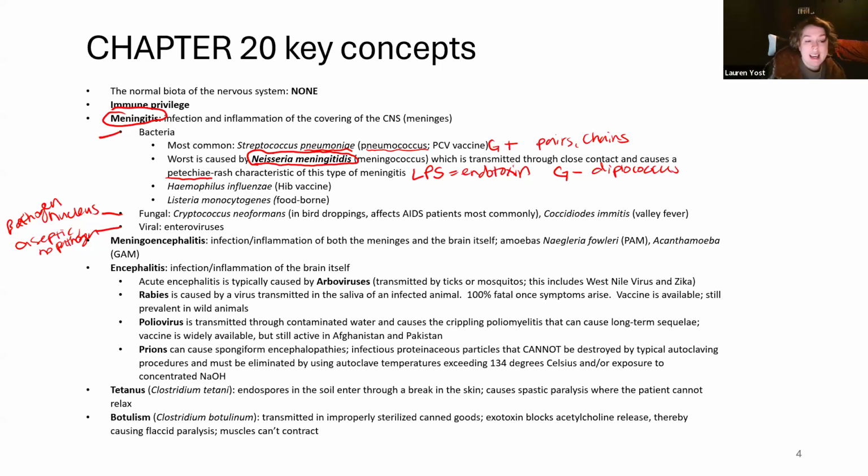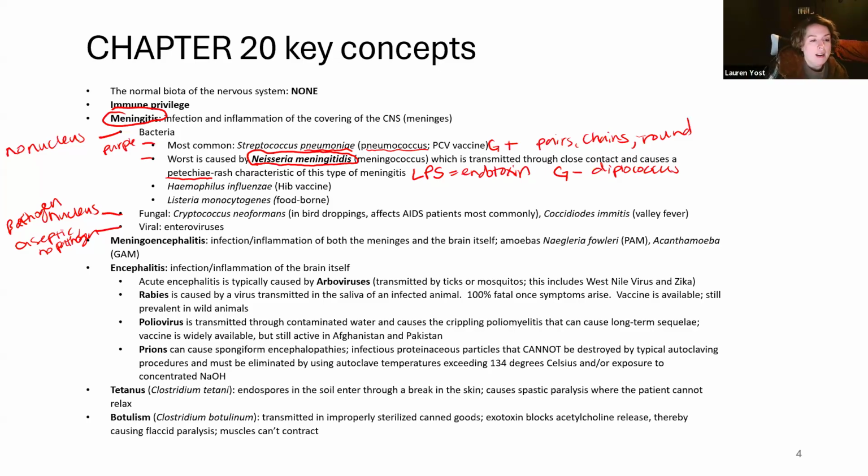All right, and if we see cells that have no nucleus, if they are purple, they're gram positive. If they're purple and they're chains of circle-shaped cells, spheres, round cells, it's probably Streptococcus pneumoniae.